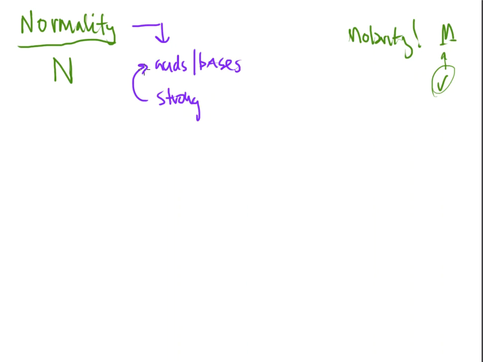The reason is because normality doesn't really play a part with moles. Moles is molarity. There's not a mole word in normality, right? So what normality plays off of is something called the number of equivalence. N, normality, N for number, number of equivalence.